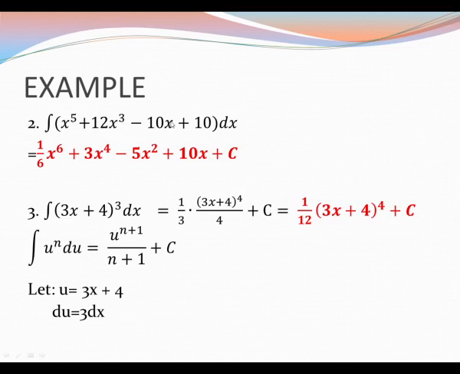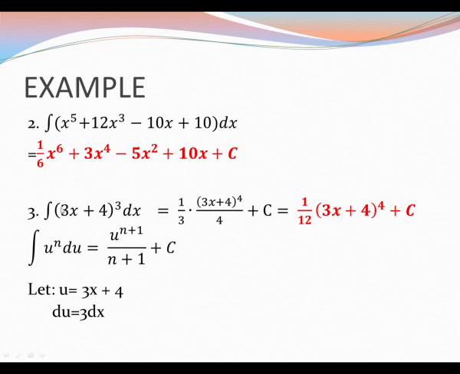Raised to 1 plus 1, that will be squared, divided by 2, so 10 over 2, that will be 5. And then 10 times the integral of dx, and that will be x. So this is already our final answer, which is 1 over 6 x to the 6 plus 3x to the 4th minus 5x squared plus 10x plus c.